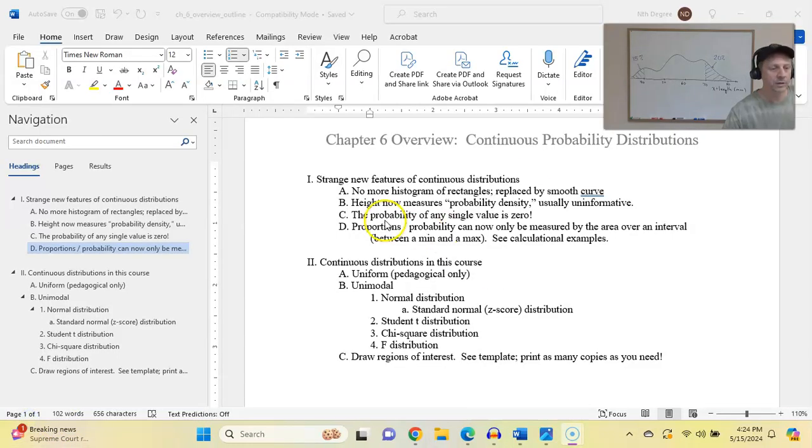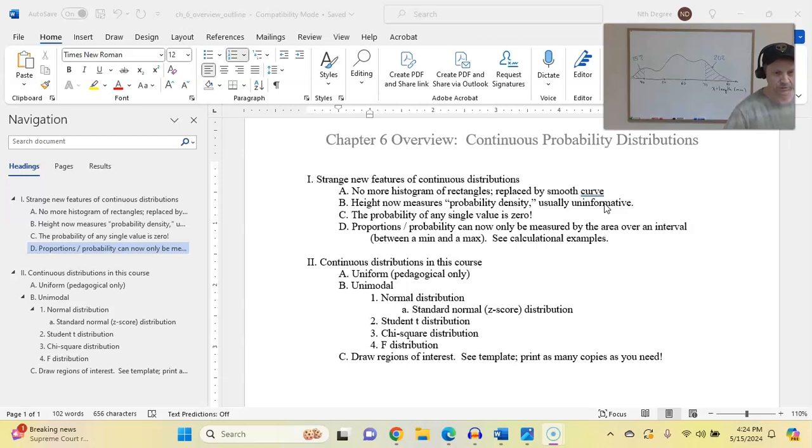A feature of continuous distributions is that the height of the curve now measures something called probability density. I can't really call it a probability anymore because it doesn't really represent the height of a rectangle. The probability density, sometimes called the probability density function, PDF, is usually uninformative.